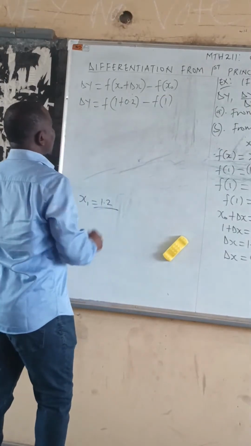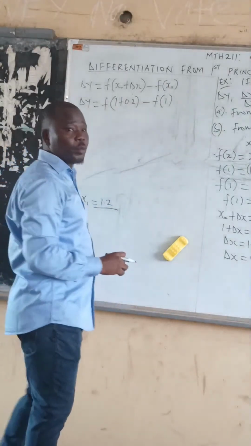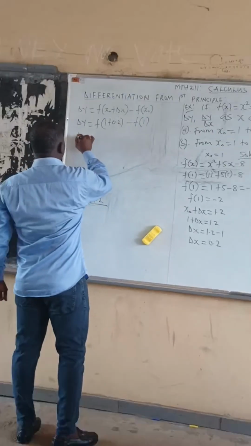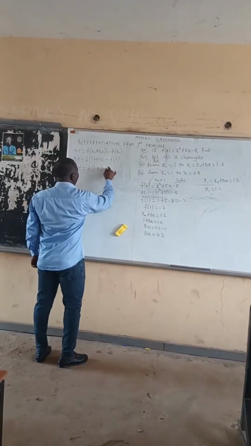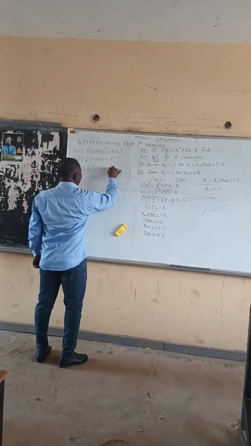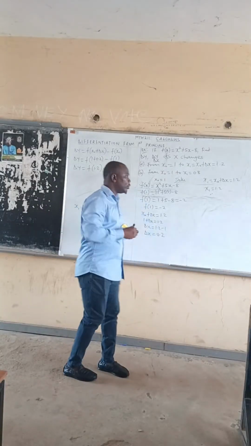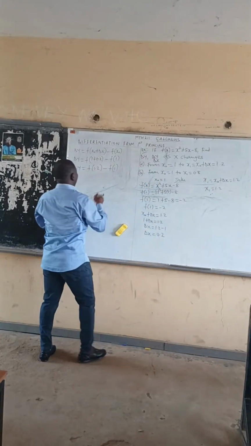So you are supposed to have 1.2. So our dy is f of 1.2 minus f of 1. Amen?